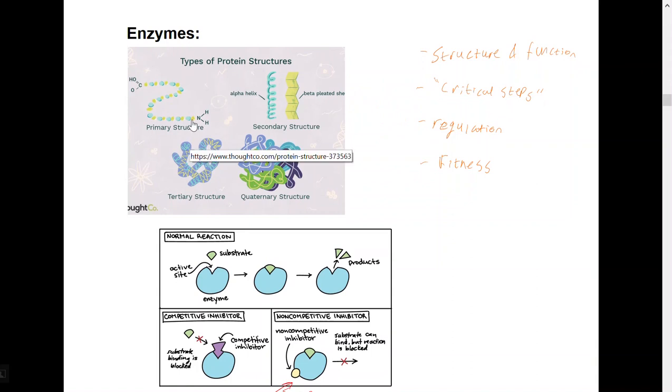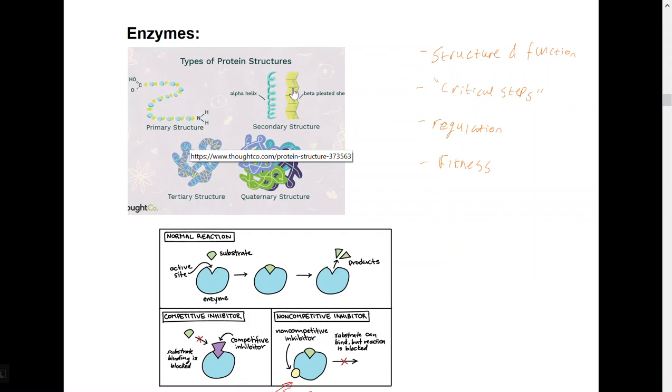They chain together. When you have a large chain of amino acids, they end up folding in some way. So sometimes they'll make a sort of squiggly, like a curly Q, right? Like it sort of looks like a curly fry in a way.